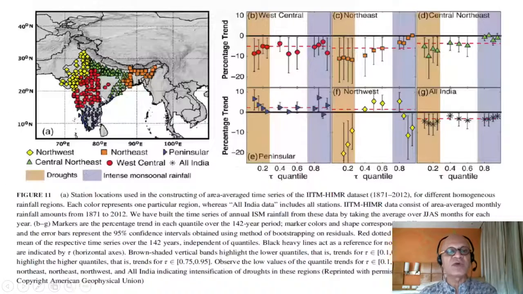And we have of course the west central region. And when we average over all these regions, well, that's what we call all India summer monsoon rainfall. And most of the things we have been looking at are all India summer monsoon rainfalls.